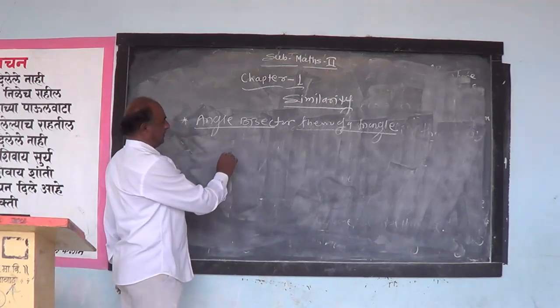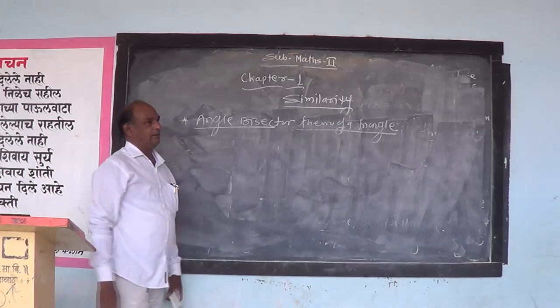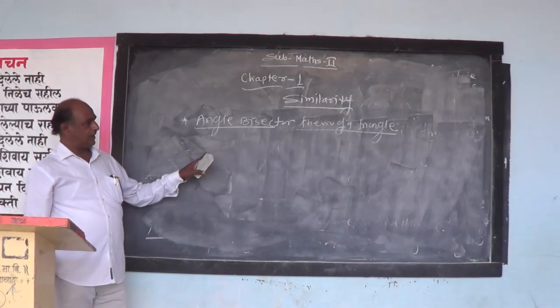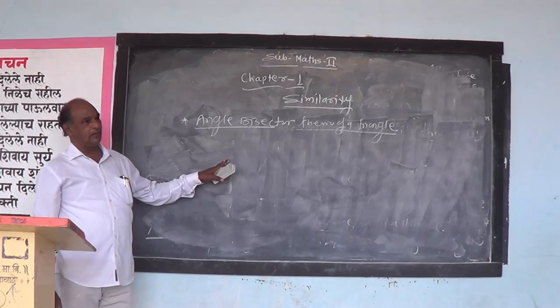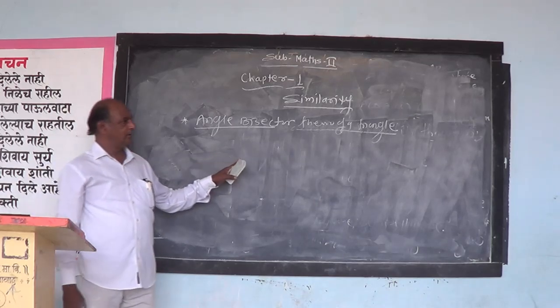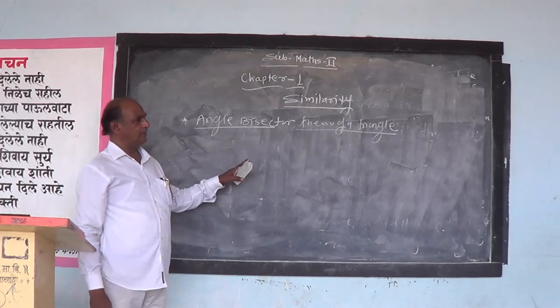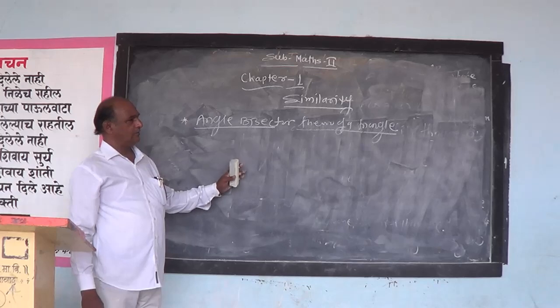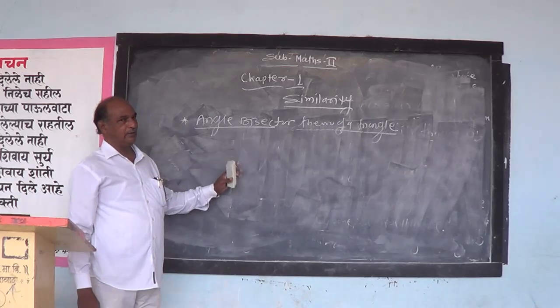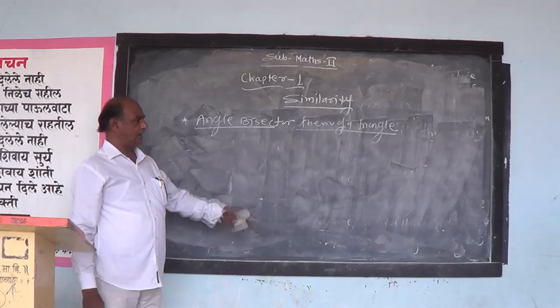The statement of this theorem is: in any triangle, when any angle bisector divides the opposite side, it divides it in the same ratio as the remaining two sides of that triangle.